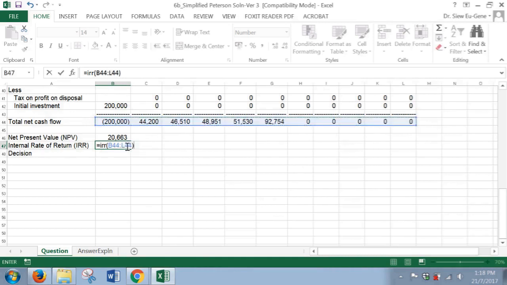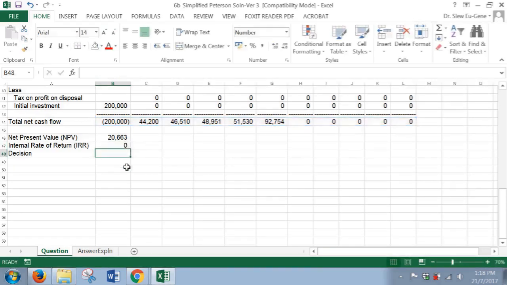Don't worry about the guess. Guess is just for certain situations where you can get multiple answers, and you will have to tell Excel which is the closest answer. But in our case, we can just ignore it. Okay, IRR, I think I'll put some decimal. So it's about 11%.